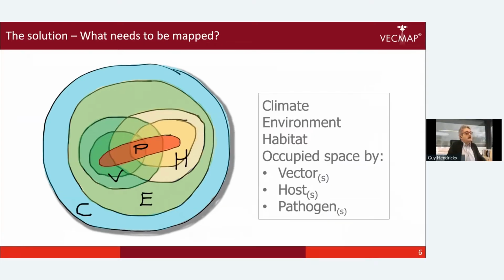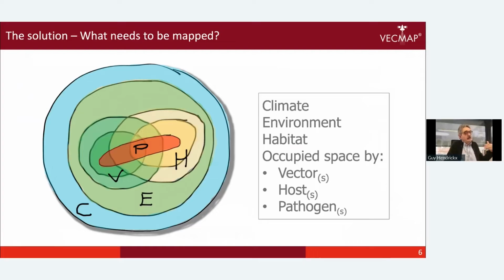But if you add the disease, and that's the nice thing about vector-borne diseases, these pathogens are extremely protected, and they only occur where the vector and the host can meet. That's where they can spread, because by definition, a vector-borne disease will not be able to spread outside the vector or the host.